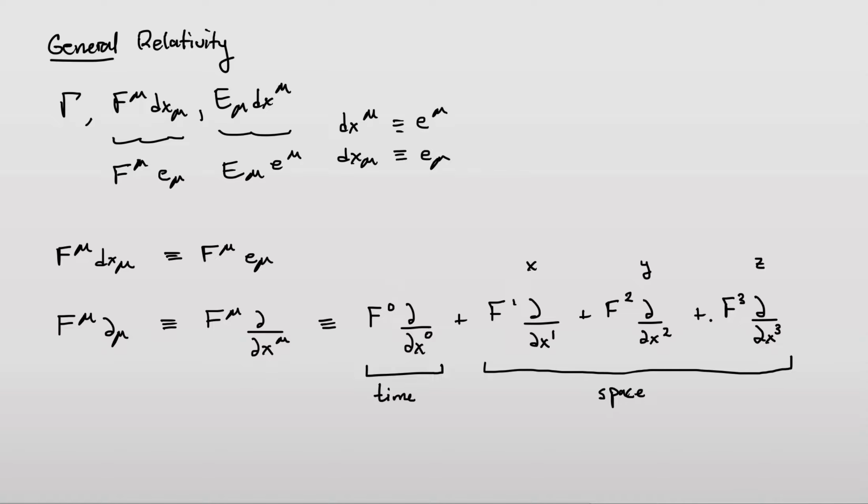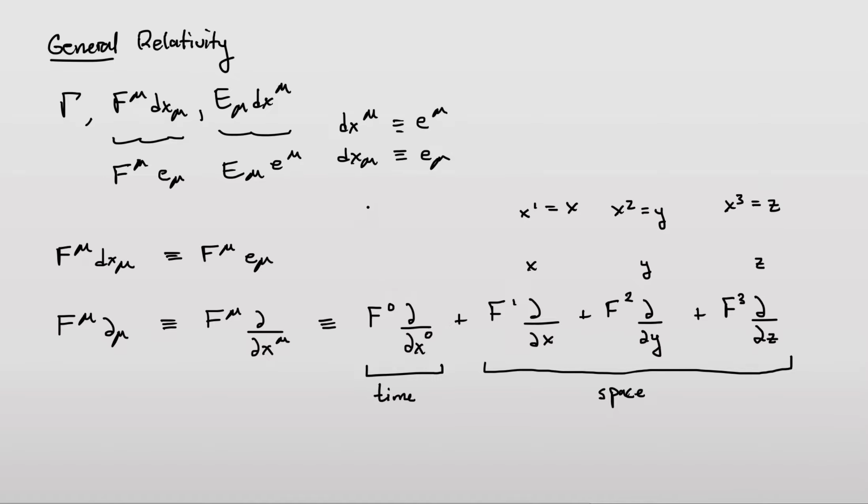If we wanted to be a little bit more experimental physicists about this, we could say dx, dy, or dz, where x1 is equal to x, x2 is equal to y, and x3 is equal to z.